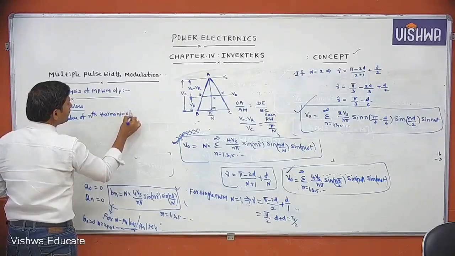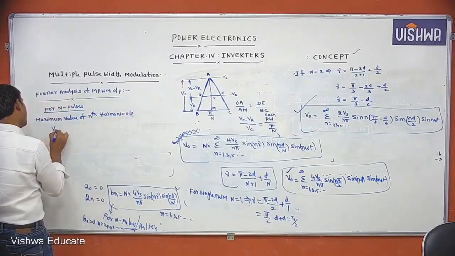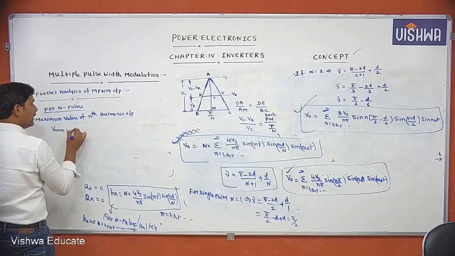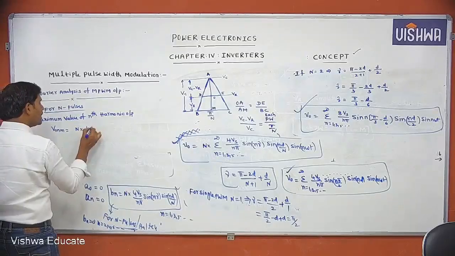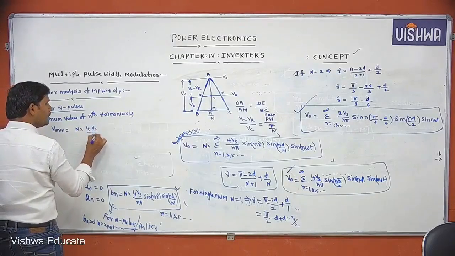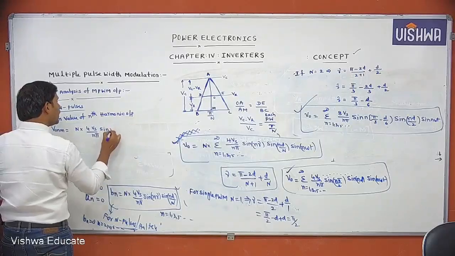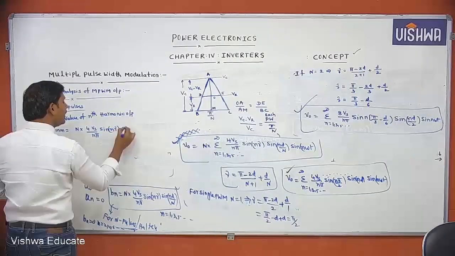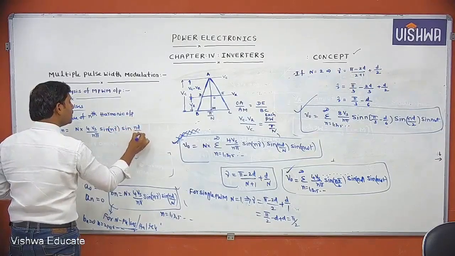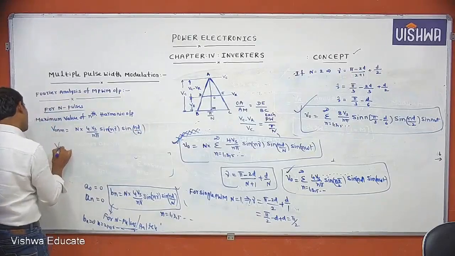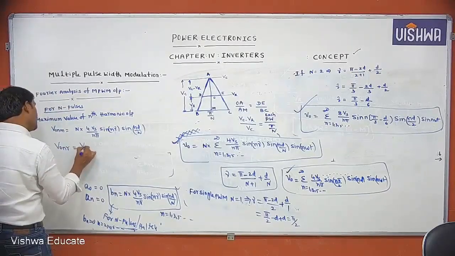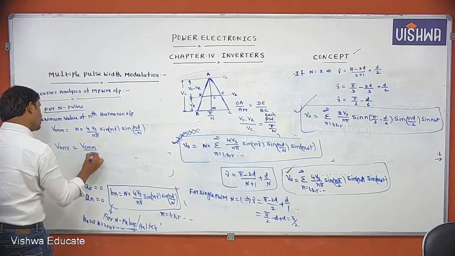What is the formula, you tell me? V naught Nm equal to N into 4 Vs by n pi sin n gamma sin nd by N. If you want the RMS value of the nth harmonic output, it is V naught Nm by root 2.